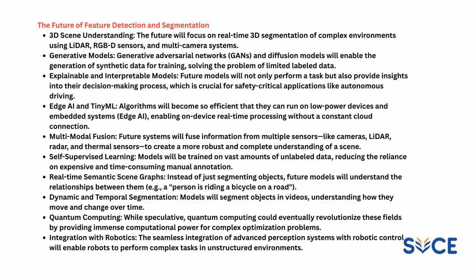As we talk about self-supervised learning, to address the data problem from another angle, self-supervised learning is becoming a major paradigm. These models are trained on a vast amount of unlabeled data by solving a pretext task, like predicting a missing part of an image or the pixel's color from the neighbors for training purposes.